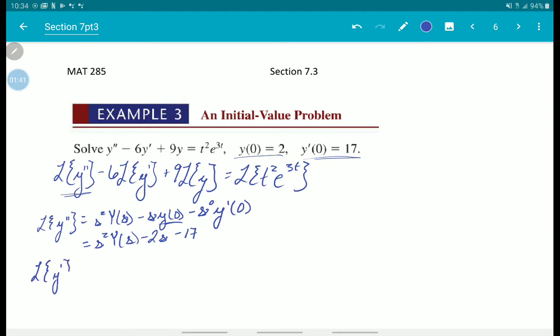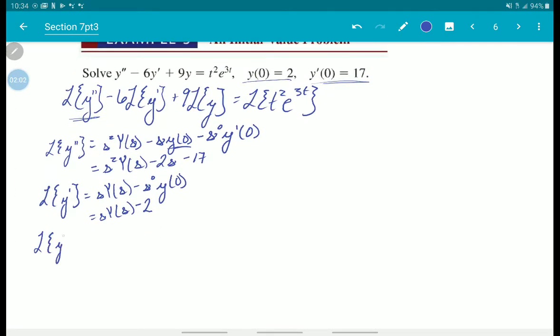Plus the Laplace of y prime, which was s y of s minus s to the 0 y of 0. Substitute in what we know. We know y of 0 is 2, so this is 2 times 1, which is just 2.